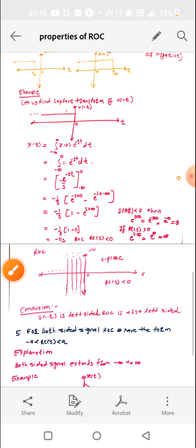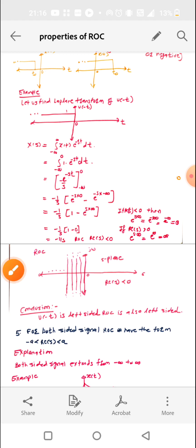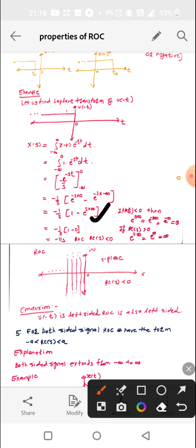So minus 1 by s, e raised to minus s into 0 minus e raised to minus s into minus infinity. We have just put the limits. So minus 1 by s, e raised to 0 is 1, and then e raised to minus s into minus infinity is e raised to s into infinity.